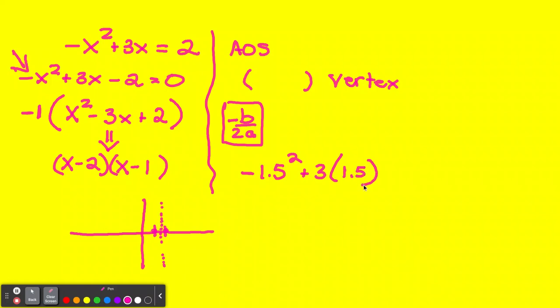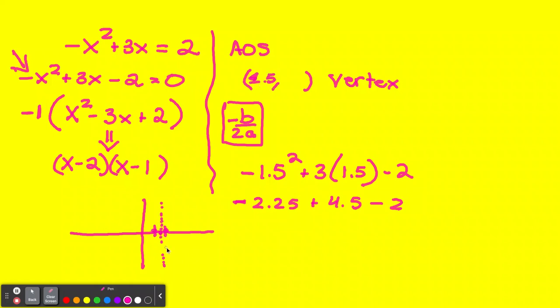Be careful. That's only negative 1.5 because we had the negative there. And then we have our minus 2. So if we do all that, we're going to have negative 2.25. Just do this on the calculator if you wish. Plus 4.5 minus 2.